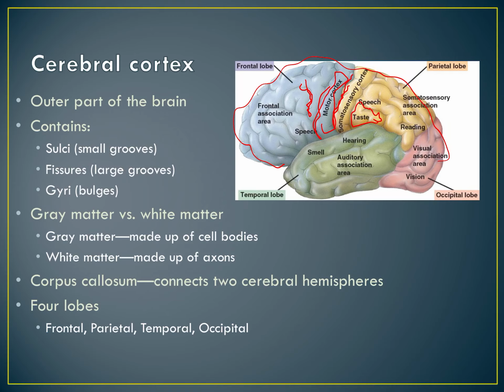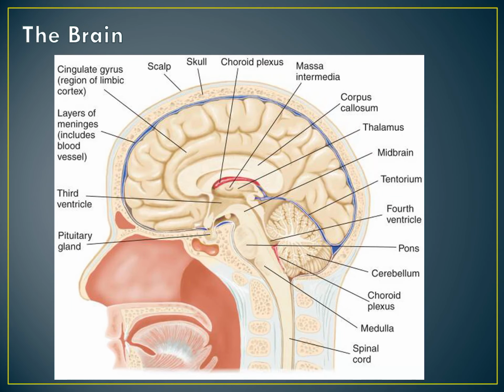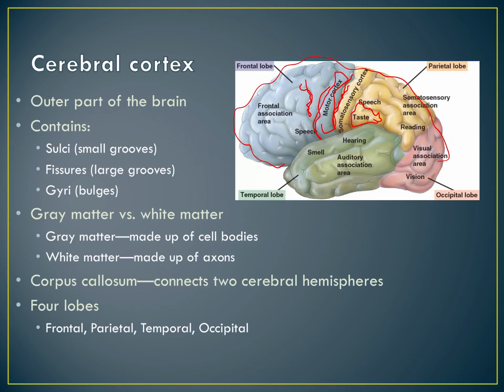And this is the major structure of the brain. We have gray matter and we have white matter. The gray matter is made up of cell bodies, whereas the white matter is made up of axons. Now, a good way to remember this is to think of the brain as having these cell bodies, trillions of these, making up the tissue.